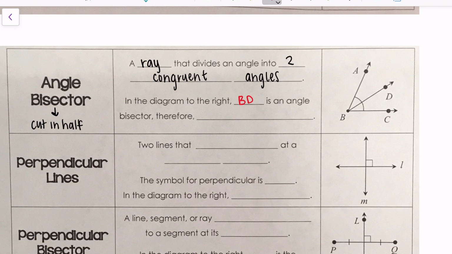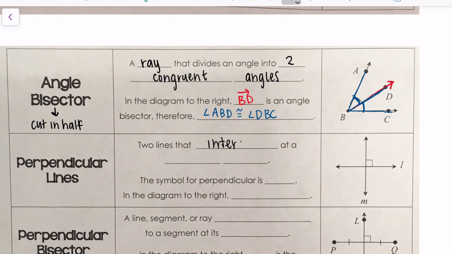I know that ray BD is an angle bisector. Therefore, I know that angle ABD is congruent to angle DBC. So that ray creates 2 angles that are the same, and we see this by this mark right here. They're congruent.